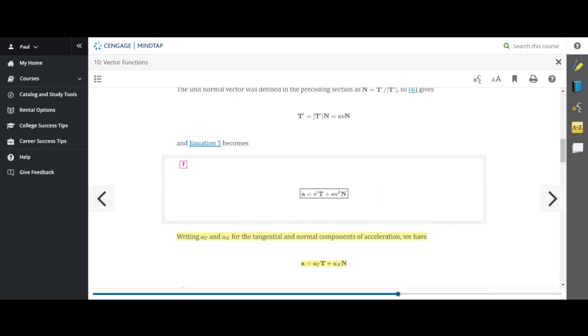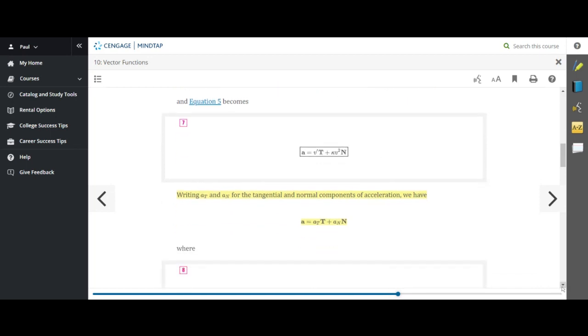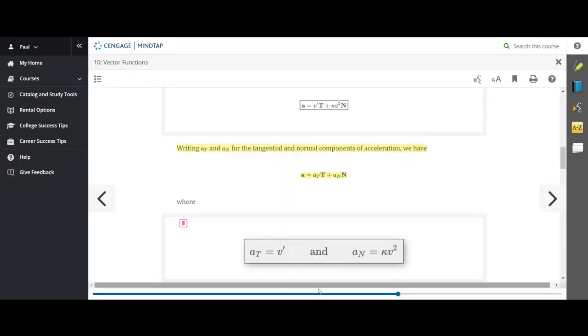So then the acceleration vector is just the tangential component of acceleration, a sub t, times the tangent vector, plus the normal component of acceleration, a sub n, times the normal vector. And there are your tangential and normal components of acceleration.